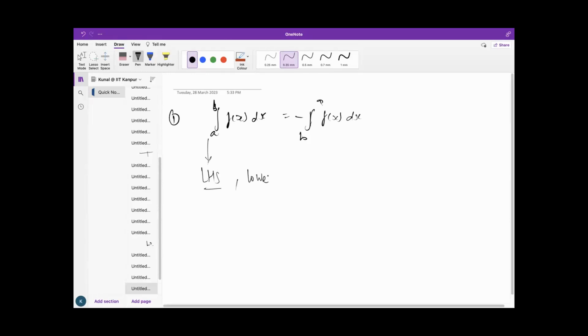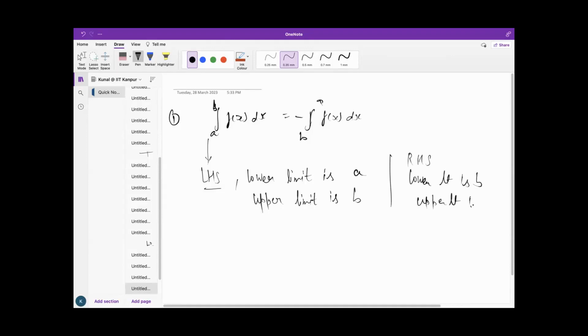The lower limit is A and the upper limit is B. And what happened in RHS? In RHS, the lower limit is B and the upper limit is A, right? It just got reversed.